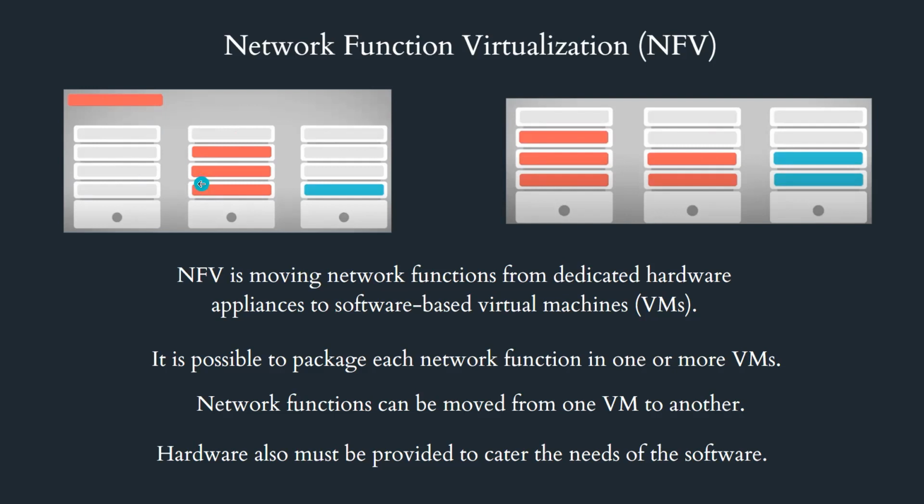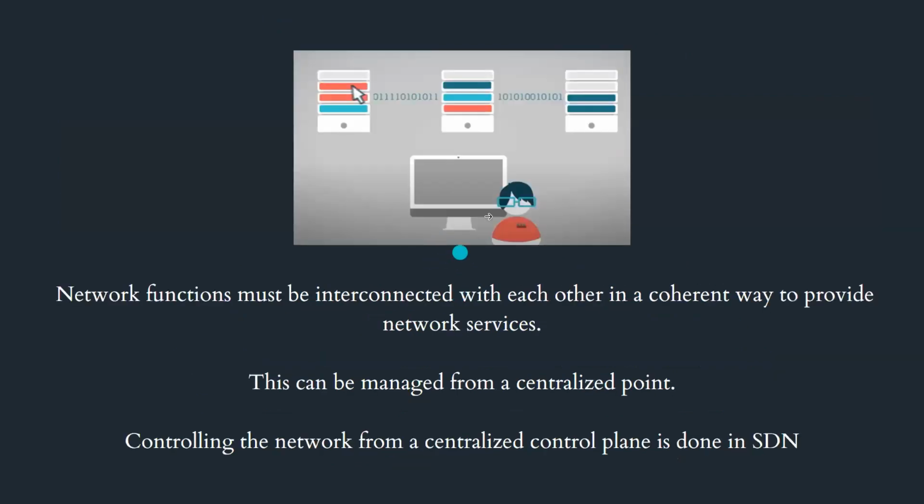For that communication to happen between servers, a certain central controller is used. That technology, where we use a centralized controller to control the network functions and forward the data optimally from one server to another server, is known as the SDN technology.